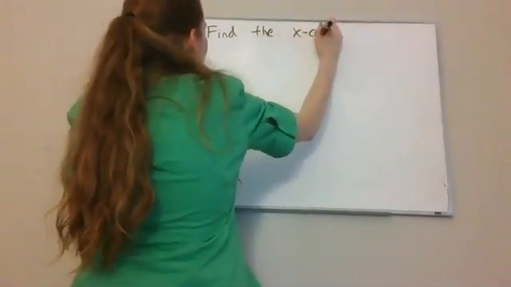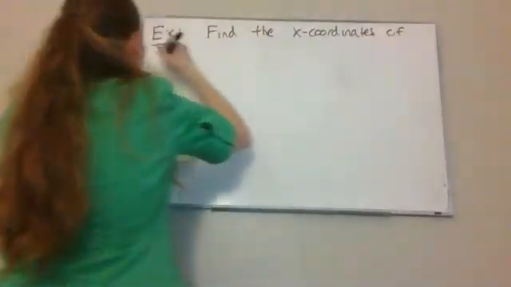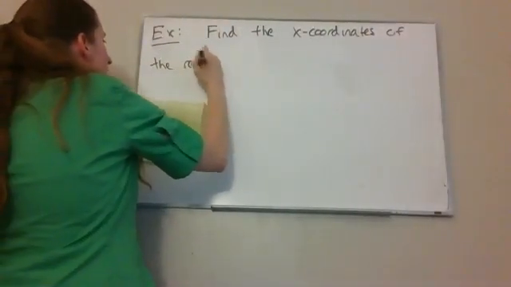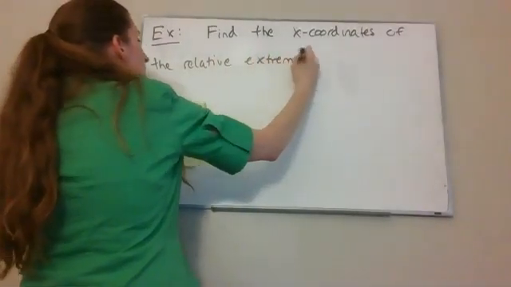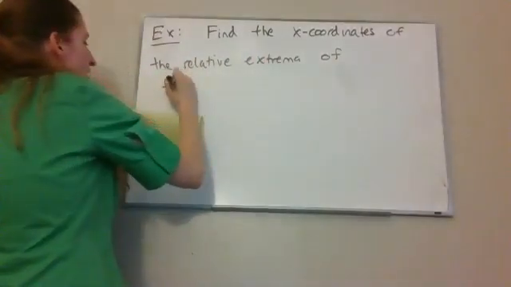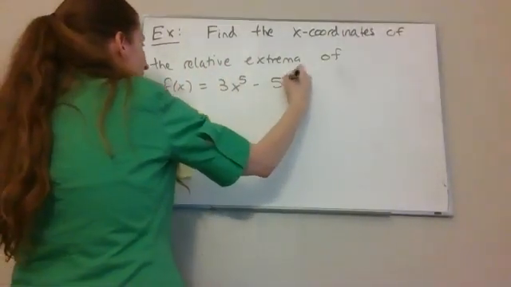Find the x-coordinates of the relative extrema of the function 3x to the fifth minus 5x to the third.